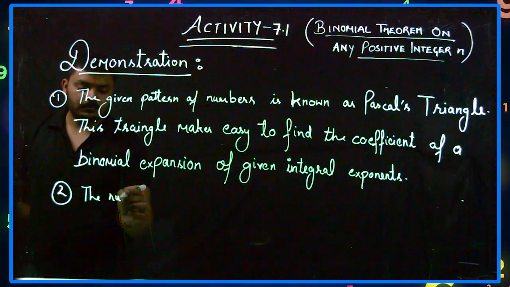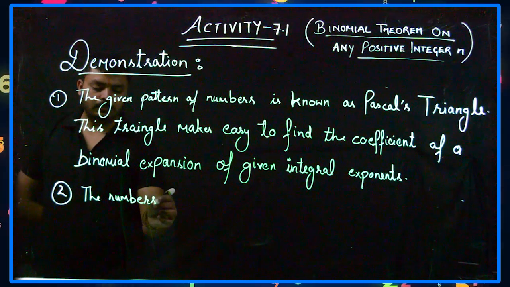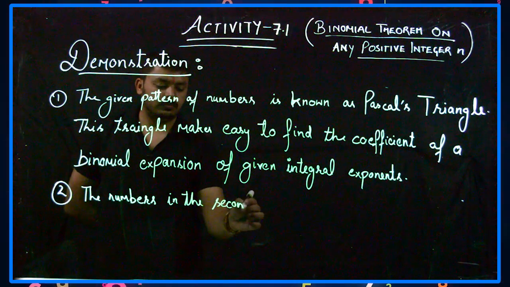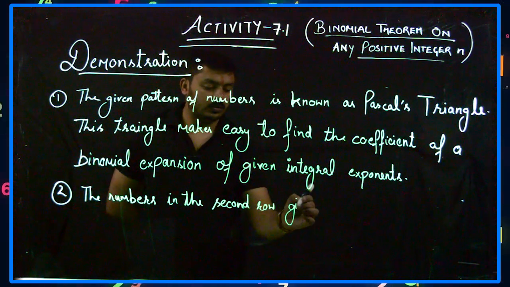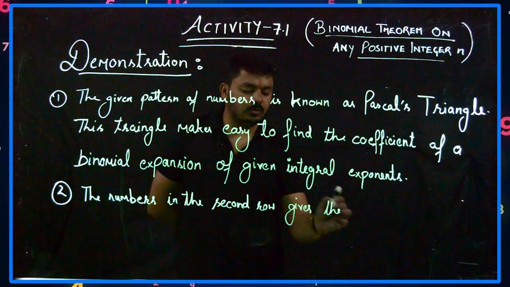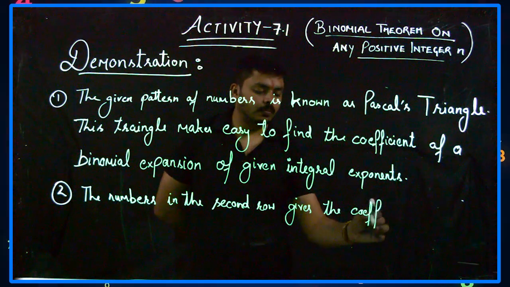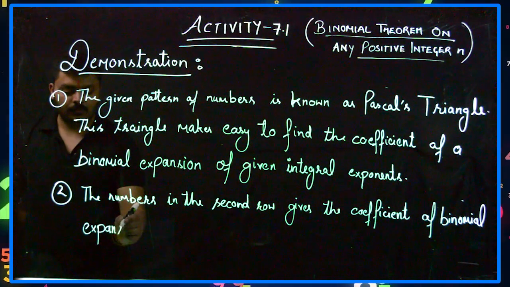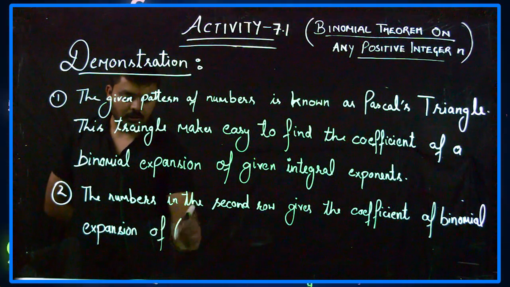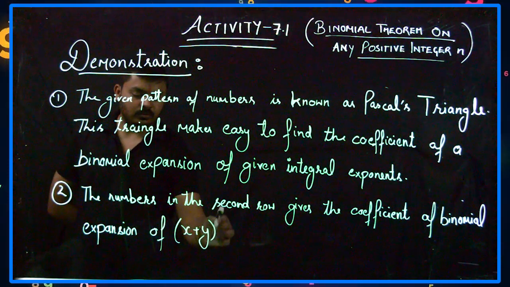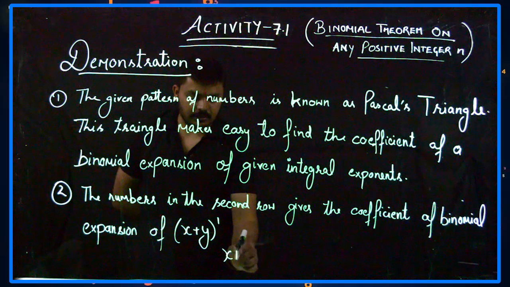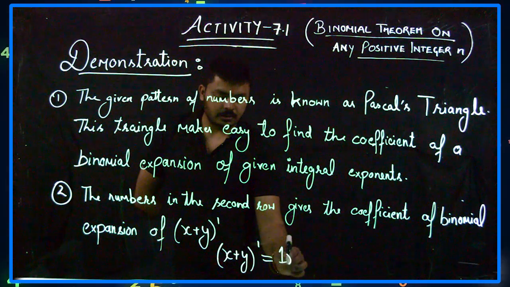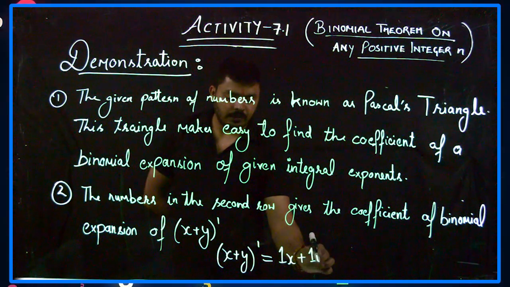The numbers in the second row give the coefficients of binomial expansion of x plus y to the power 1, that is x plus y to the power 1 equals 1x plus 1y.